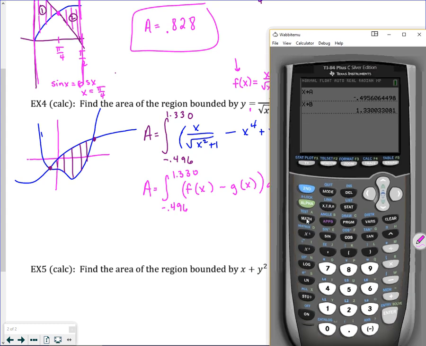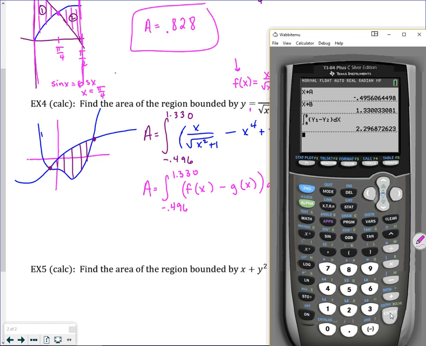So when I go to get this actual answer, I'm going to hit Math 9. I'm going to go A to B, and I remember in this case, I did y1. I know where I have them stored, y1 minus y2 dx.